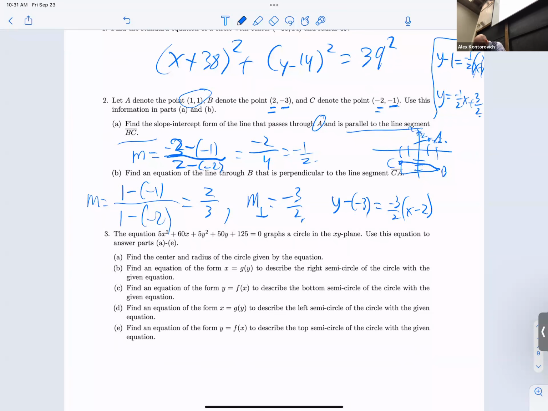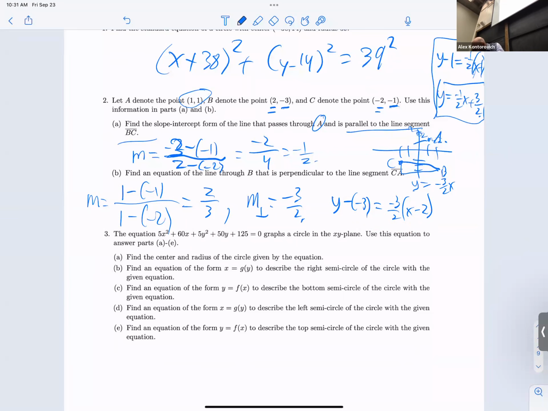It didn't specify a form, but let's say it did want slope-intercept form. y is equal to negative 3/2 x, and 3/2 times 2 is 3, with a plus sign. That plus 3 on this side goes to the other side as minus 3, so it's 0.